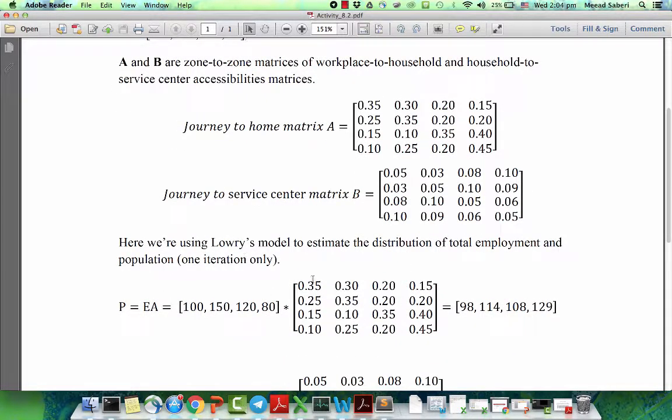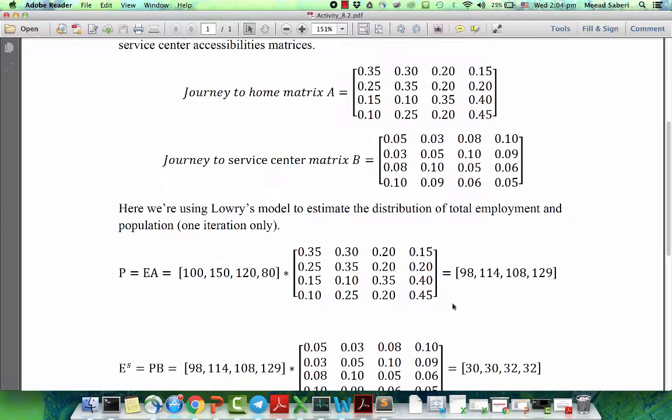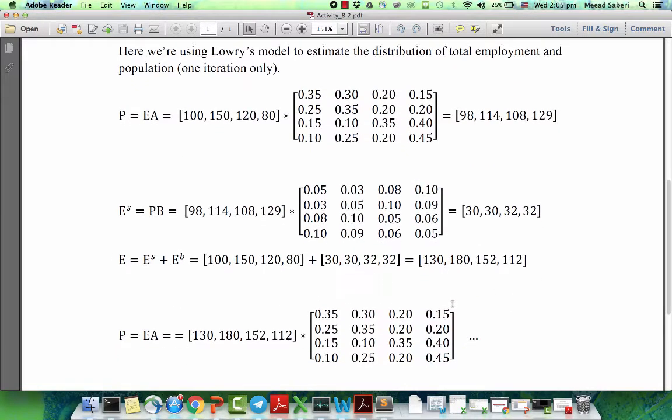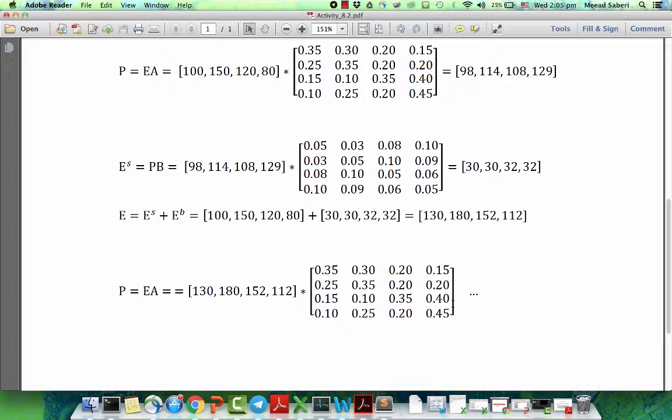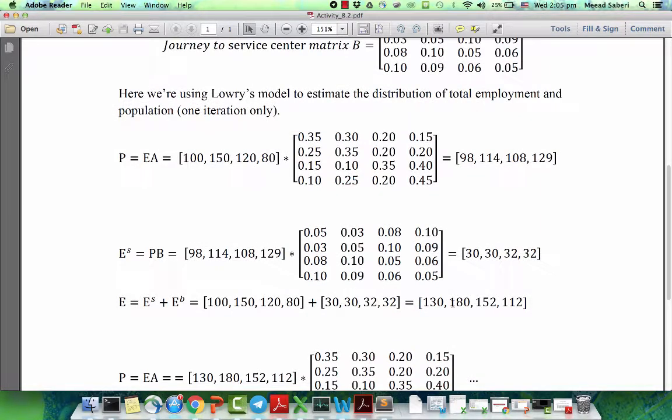Here we are using the low-rise model to estimate the distribution of the total employment and population in this city. We do one iteration, but I would like you to continue the iterative process to reach convergence.